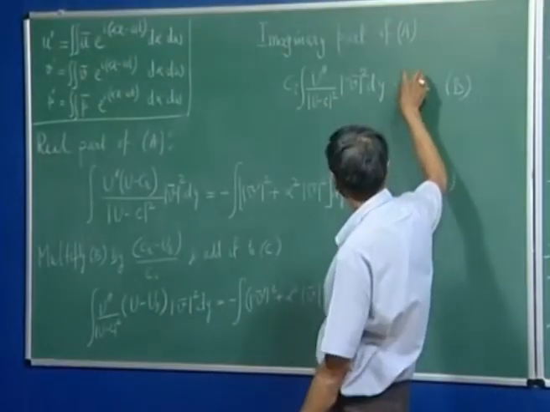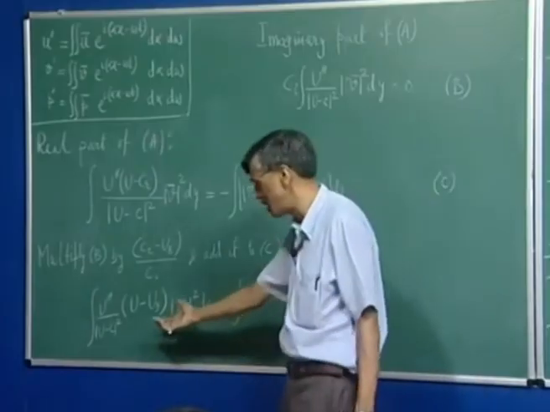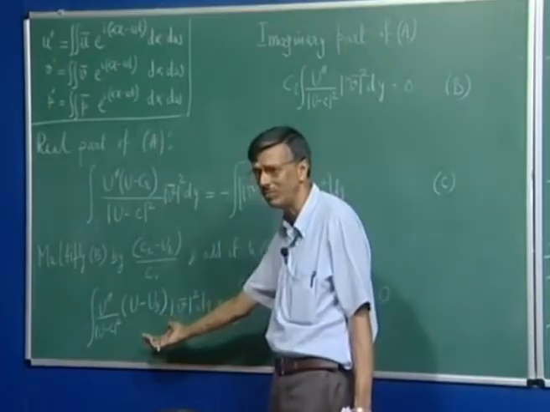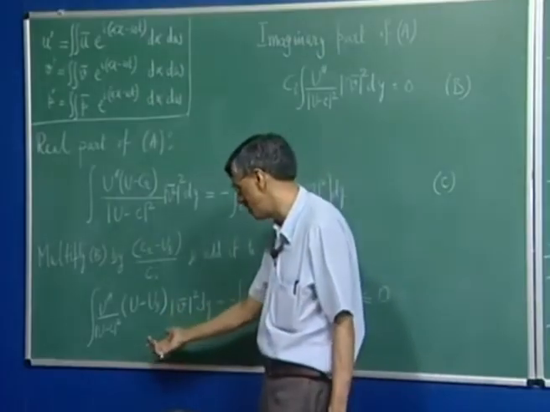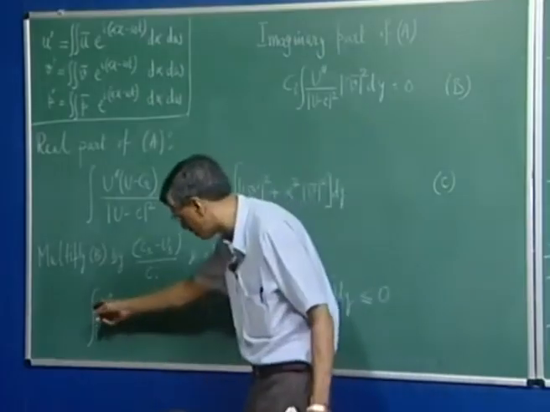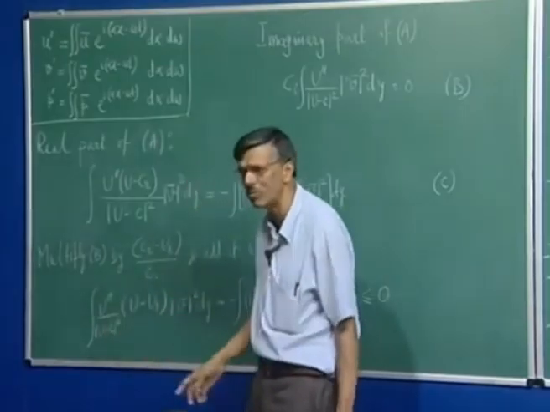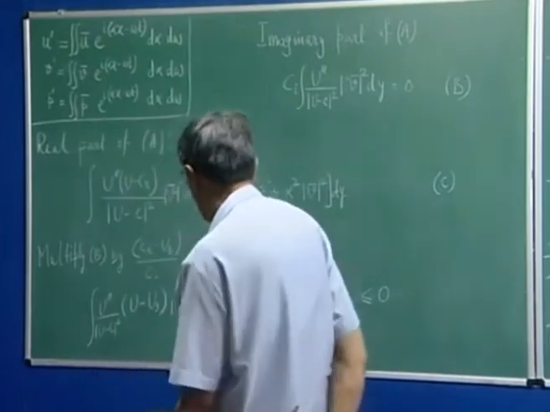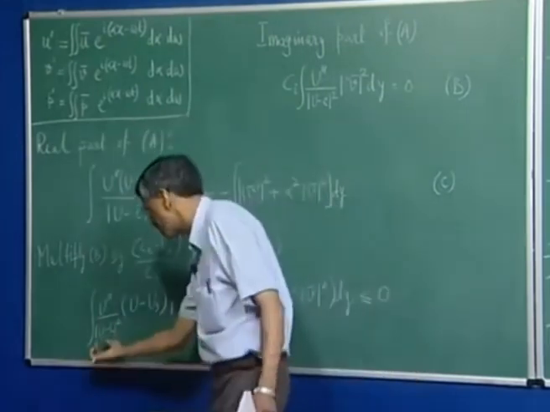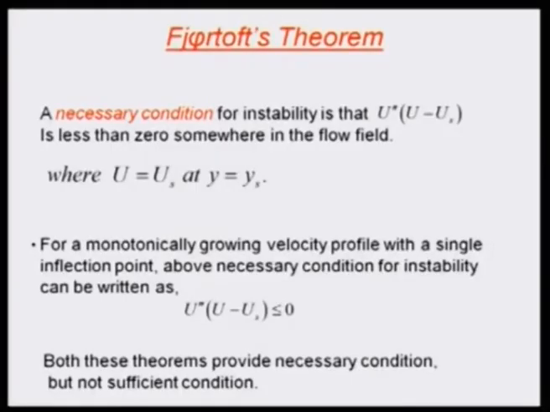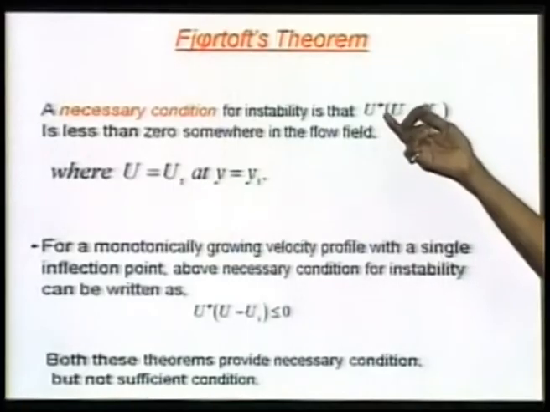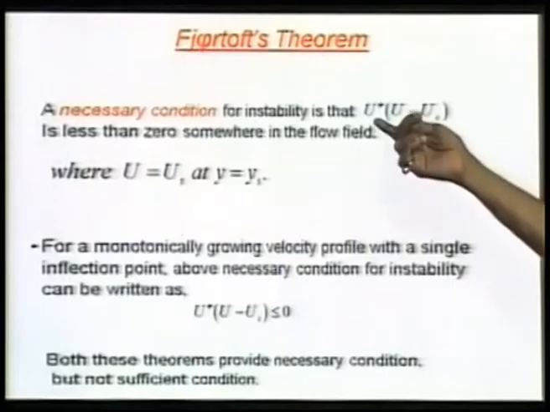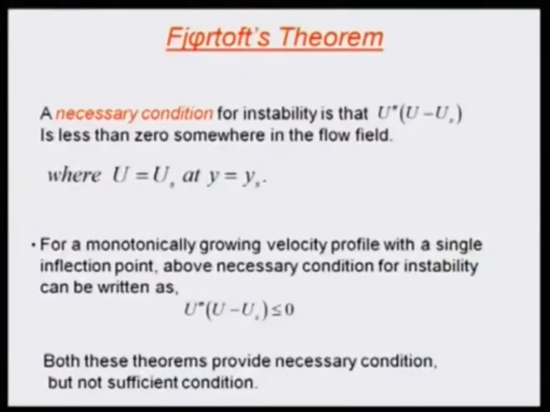The imaginary part was strictly equal to 0, but here we are saying that this quantity has to be negative, and if this quantity has to be negative, then the integrand has to be somewhere negative, otherwise it will not give us that, because this is a positive quantity, this is a positive quantity, and that is exactly what he is saying here. Fjortoft is telling us that you must have u double prime times (u minus u_s) less than 0 somewhere in the flow field.